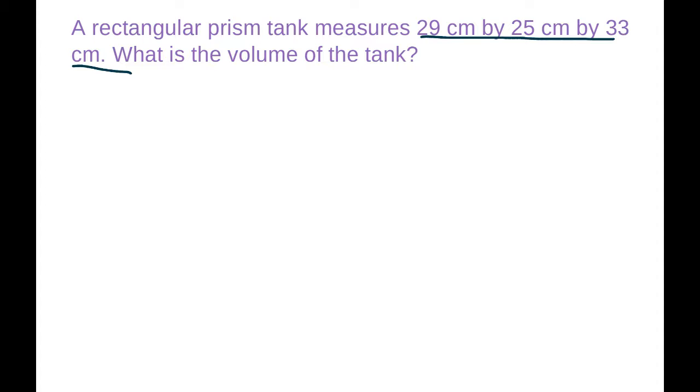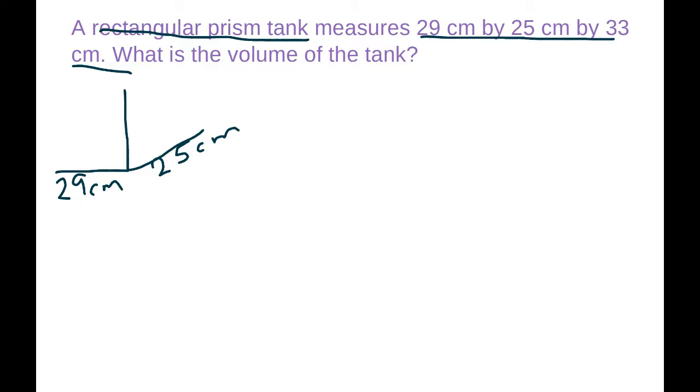All right, it's a rectangular prism, and the dimensions of the box, so you could have drawn a picture, right, and said the length is 29 centimeters, the width is 25 centimeters, and the height is 33 centimeters.